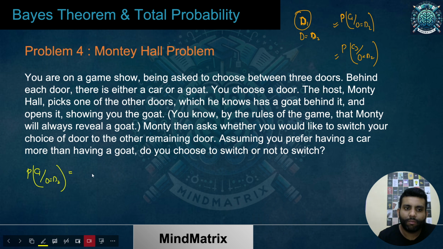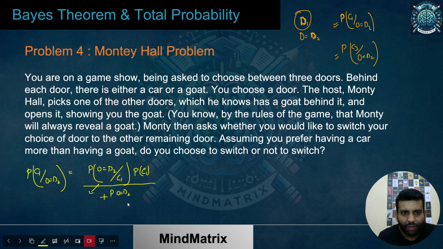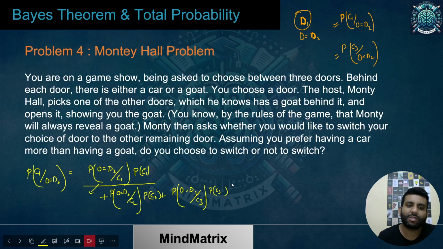This will be the probability that door D2 will be opened if C1 was the case, if C1 means door 1 has the car behind it, times the probability of C1, divided by this same quantity plus the probability of opening D2 given C2, that means door 2 has the car behind it, plus the probability O is equal to D2 given C3, that means door 3 has a car behind it, times the probability of C3. What is this value you will get?